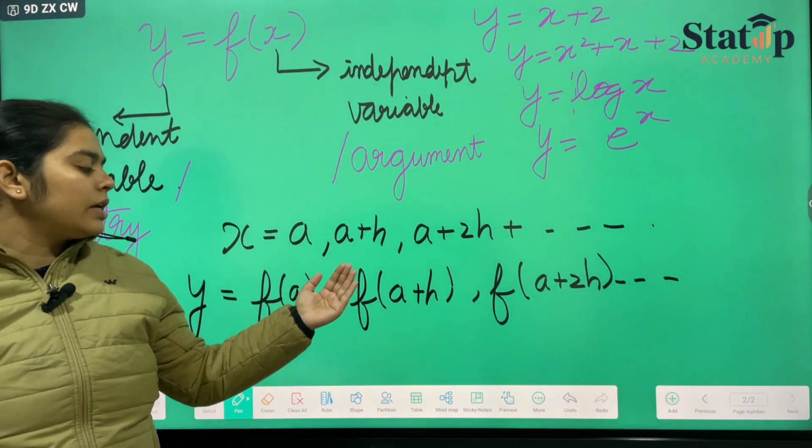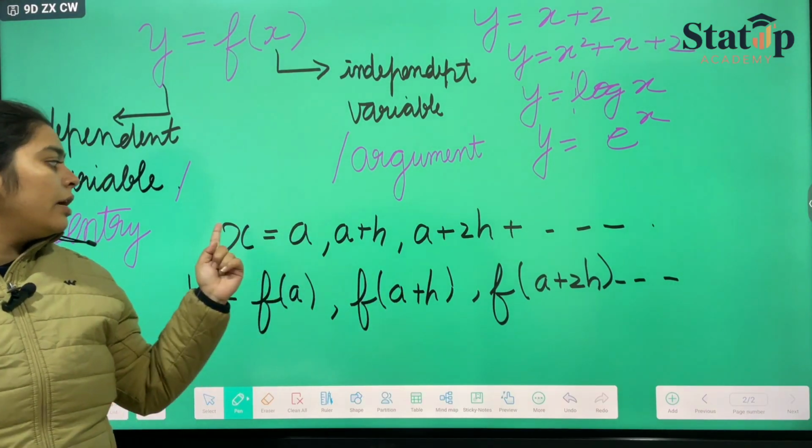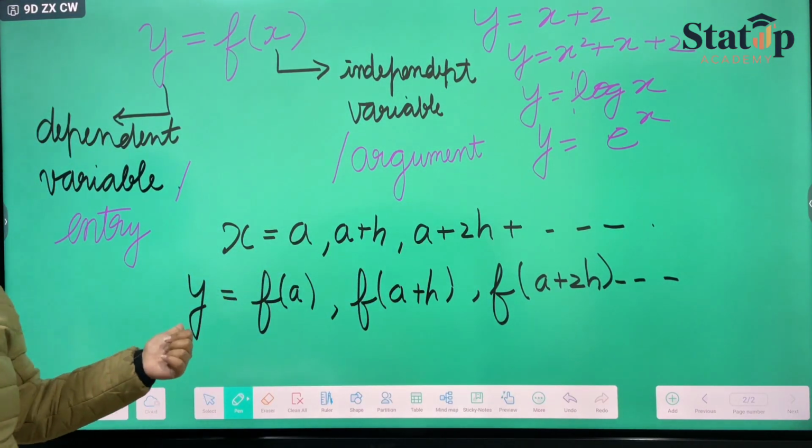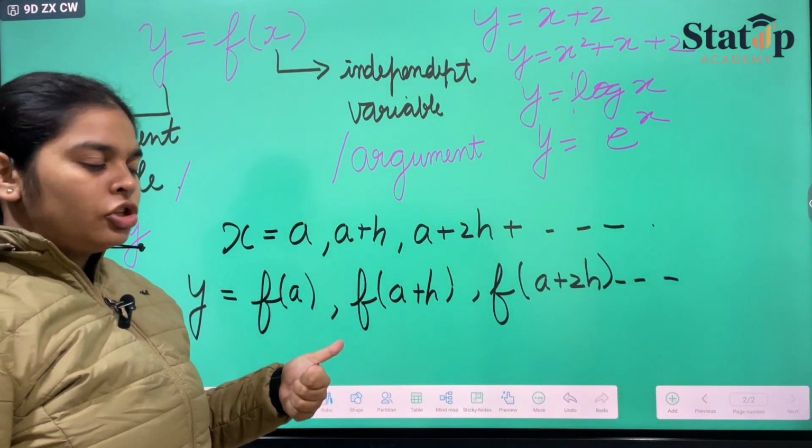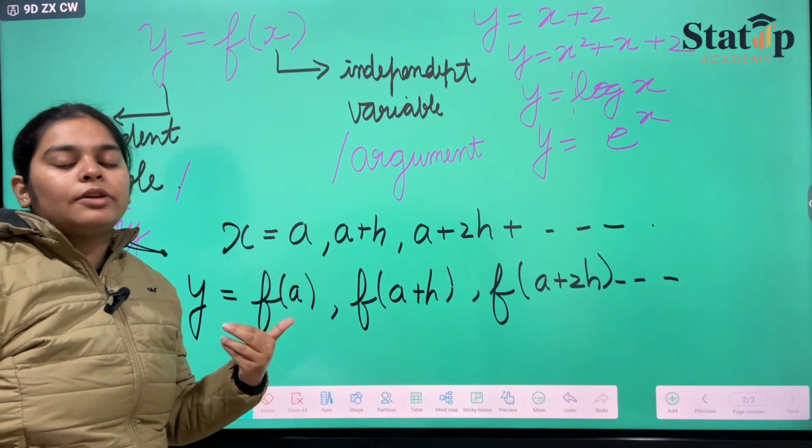If x has value a plus h, then y can be written as f of a plus h. If x has value a plus 2h, then y can be written as f of a plus 2h, where h is the finite change and a is the original value of x.